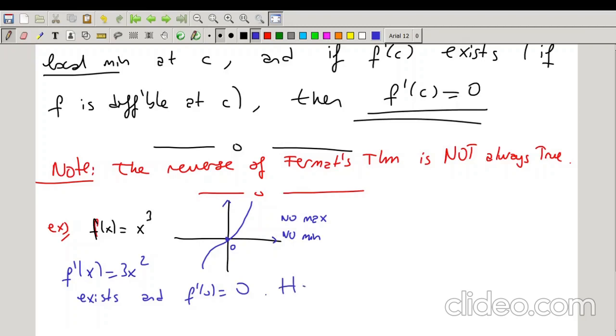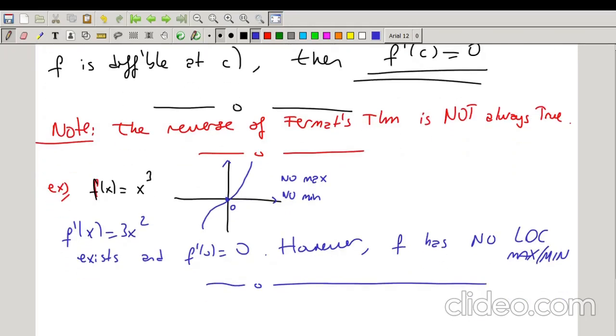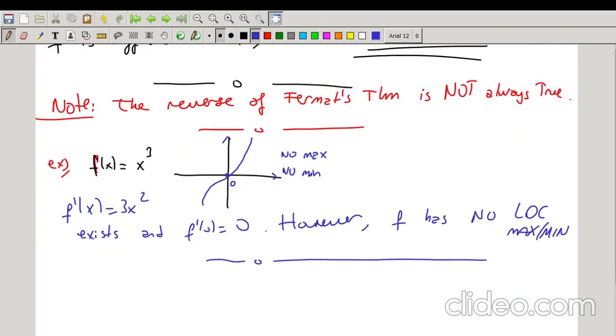However, f has no local max or min. So this is the statement that we have written in the note. We have the reverse case: f prime is 0, f is differentiable, but it has no local maximum or local minimum. And moreover, I will give you another example.